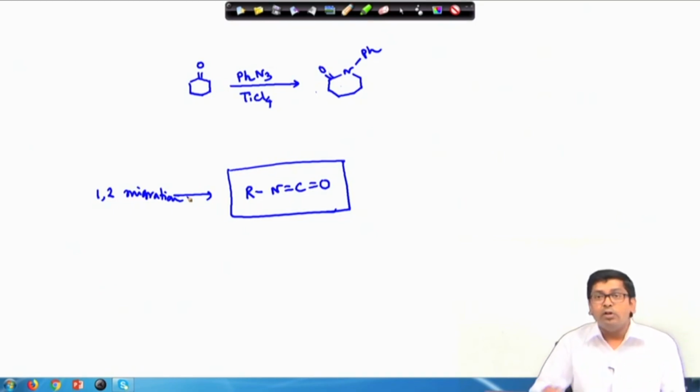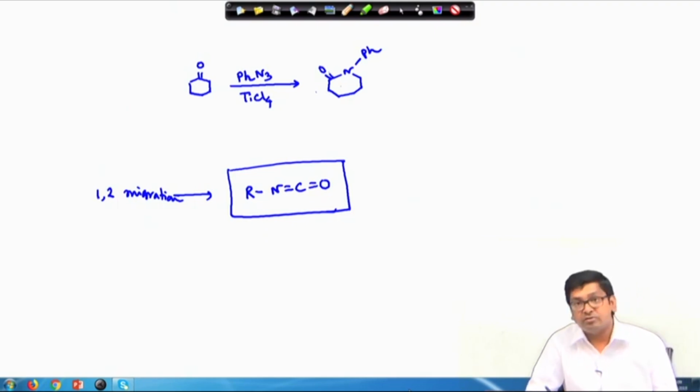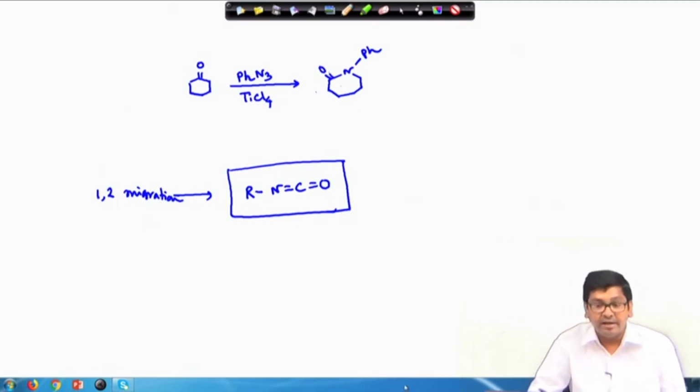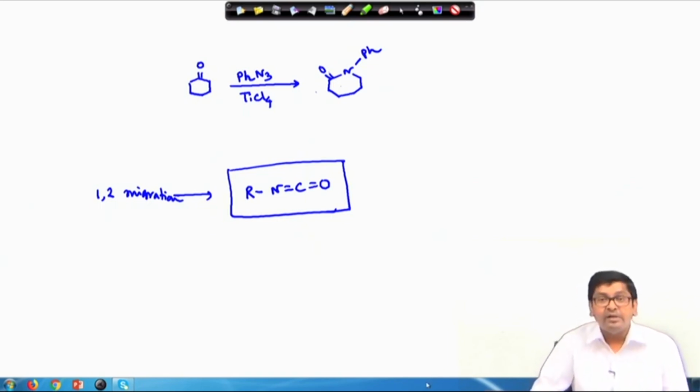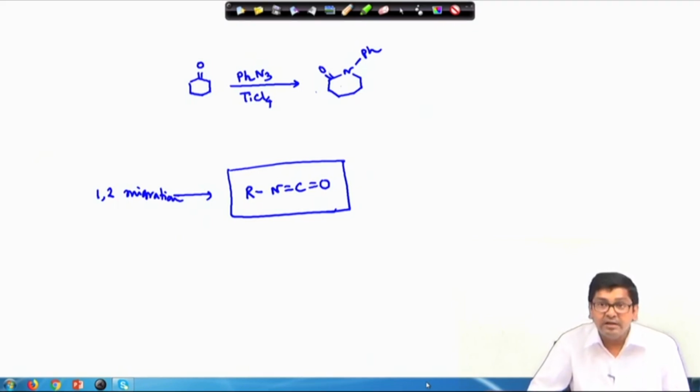Another important aspect for all these types of nitrene associated reactions, rather these electron deficient nitrogen center associated reactions, is that in all these cases the starting materials are in principle different. As per example, in case of Curtius, the acyl azides are the starting material, and the leaving group is nitrogen.